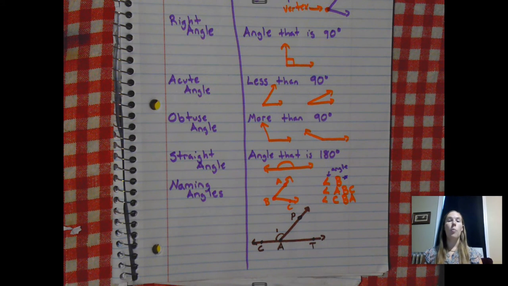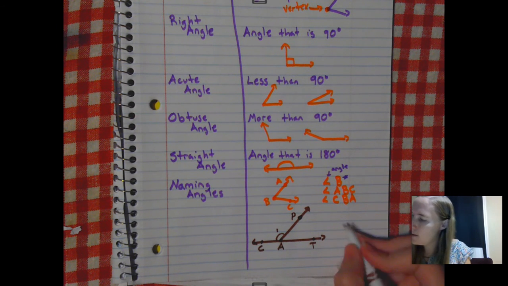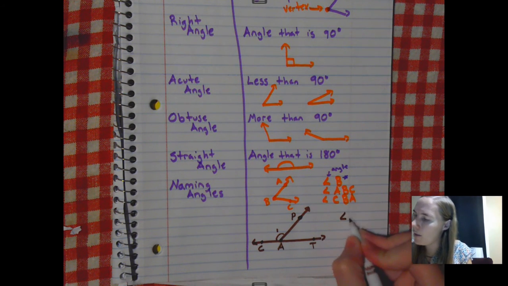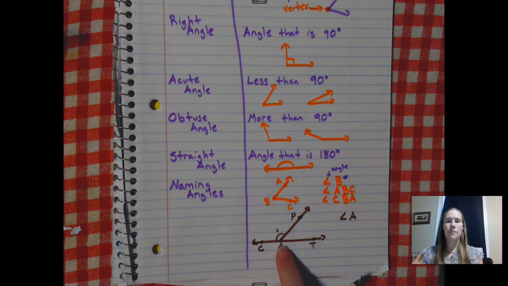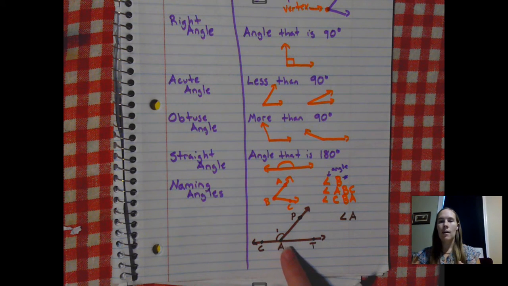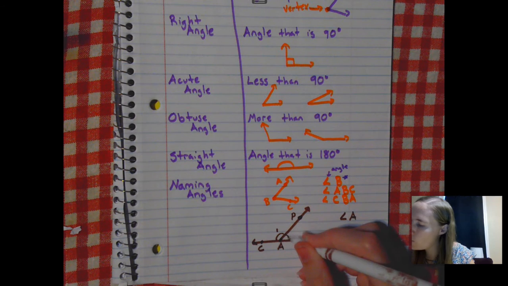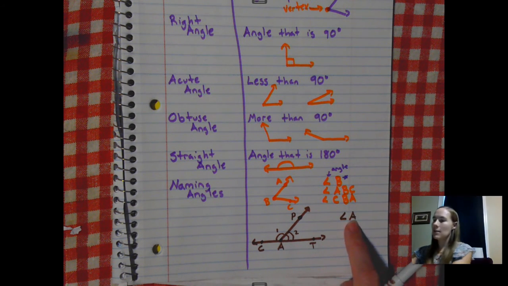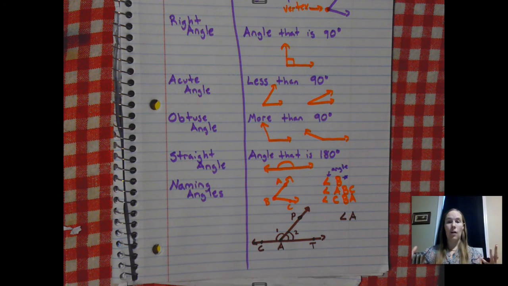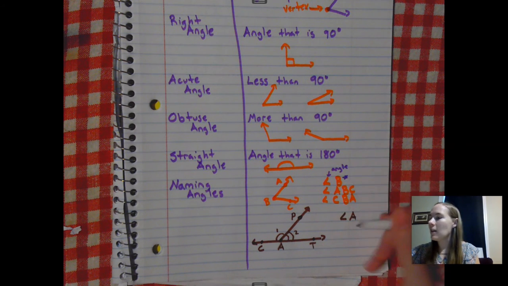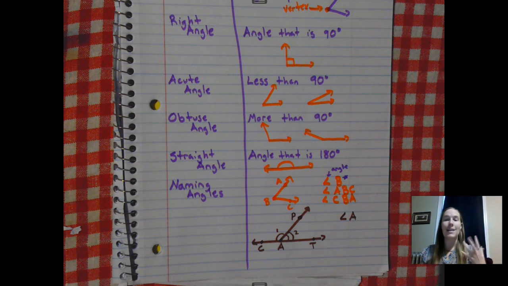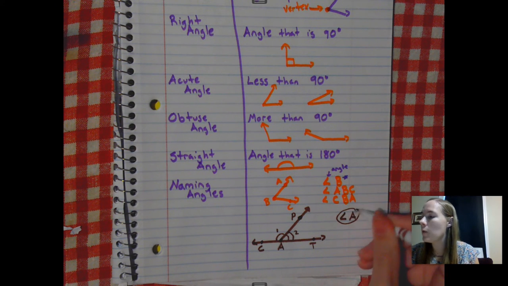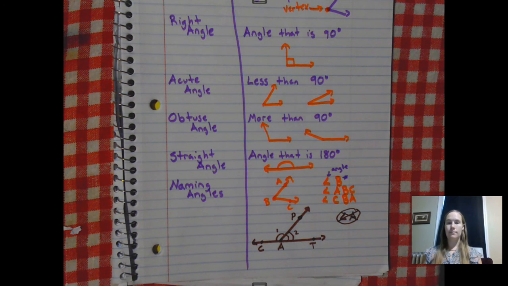I'm going to call it angle 1. We can't just put angle A because that's at the center. The reason being is because we still have this angle 2 here. And just naming it like this is talking about either angle. So I'm not going to know what you're saying. So that's why I really don't like naming it by just one letter, because it can get confusing. So we can't actually do that for this one.